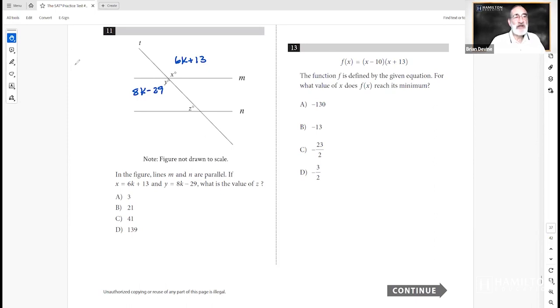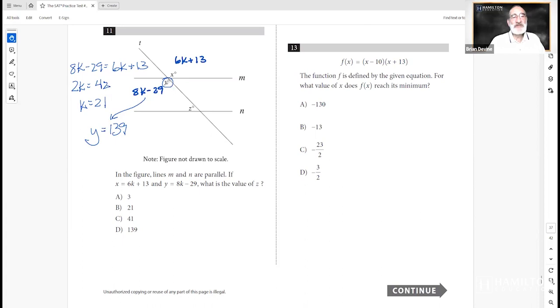So we know right away that 8k minus 29 has to equal 6k plus 13, which means that 2k would have to be 42. So k equals 21, and we plug that back into either of those, but we've got y right here, so I plug it back in here and I get y equals 139.